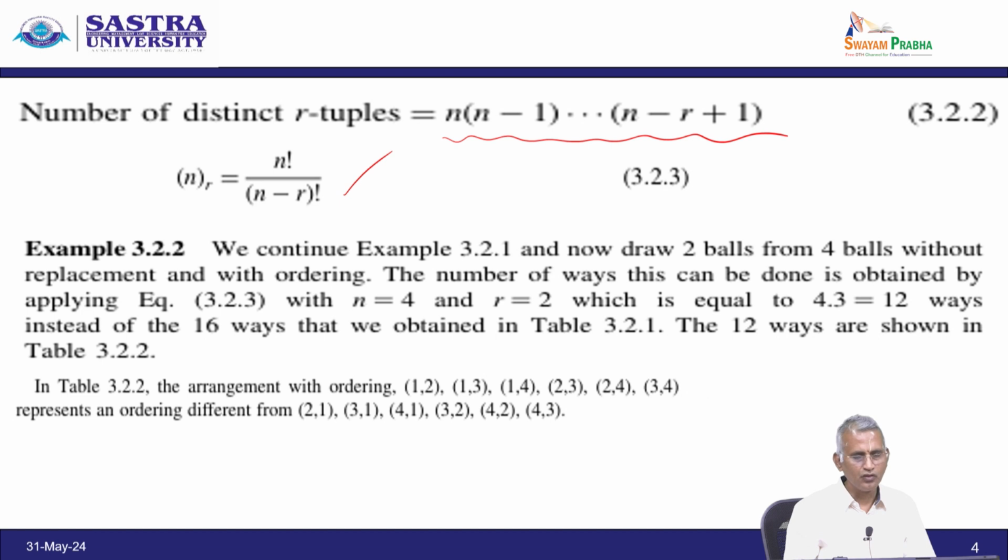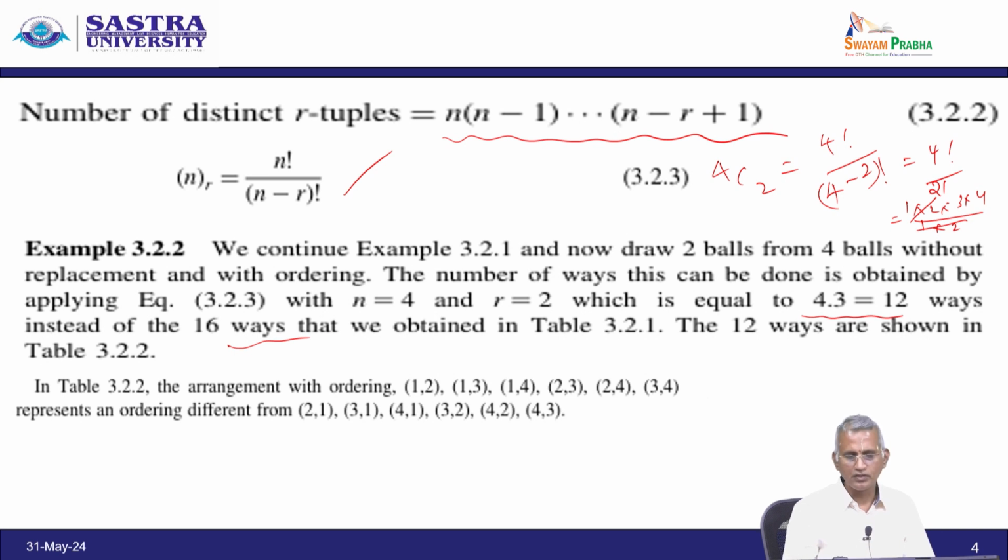Here n equals 4, r equals 2, therefore 4C2 equals 4 factorial by 4 minus 2 factorial, which is 4 factorial by 2 factorial, which is 1 into 2 into 3 into 4 by 1 into 2. So, we get 3 into 4, therefore 12 ways instead of 16 ways.